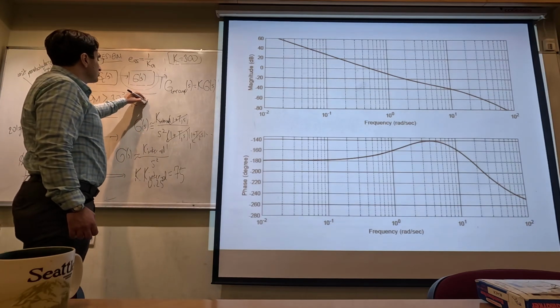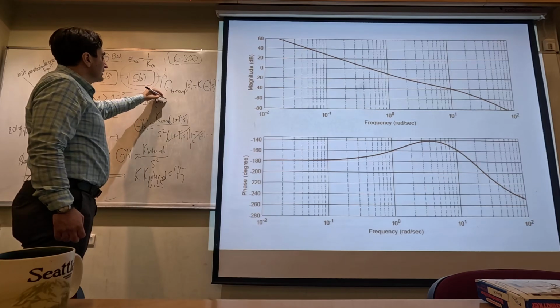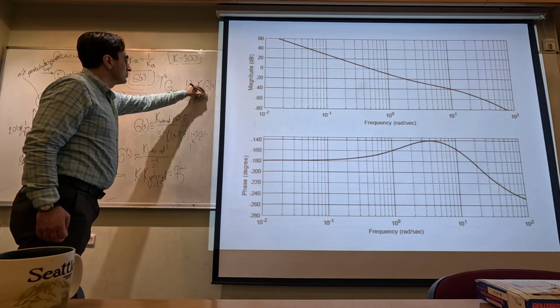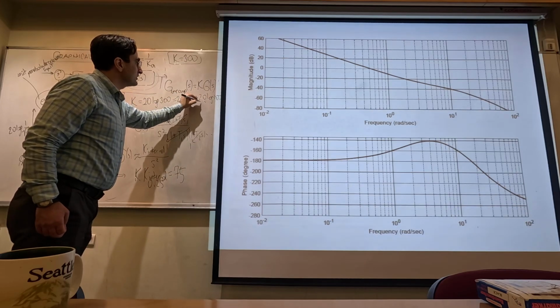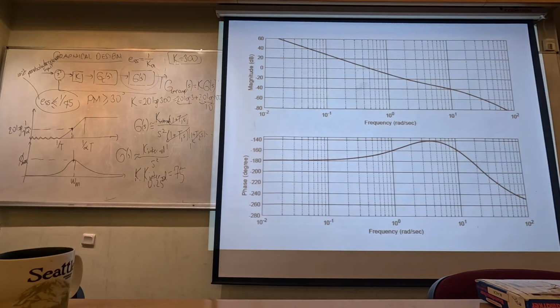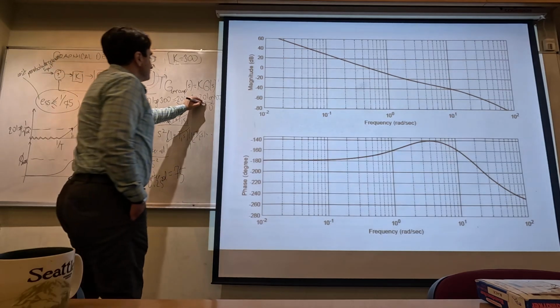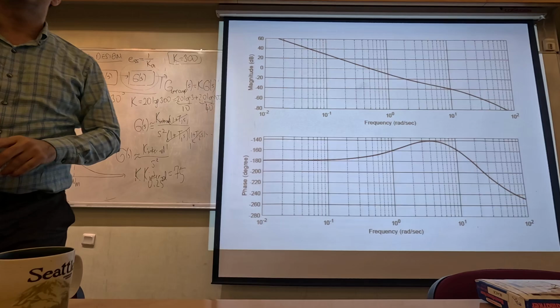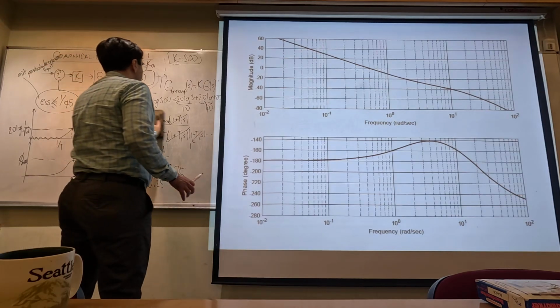If I take 20 log 300, this is 20 log 3 plus 20 log 100. This is 40, and this is approximately 10. Then this means that I have 50 dB gain with K.